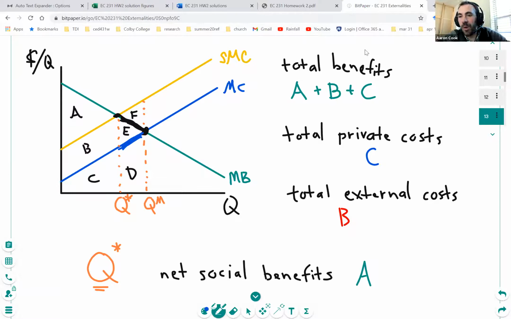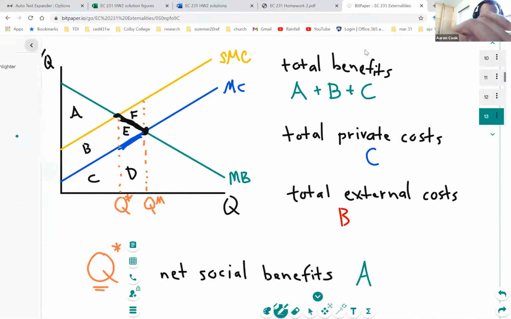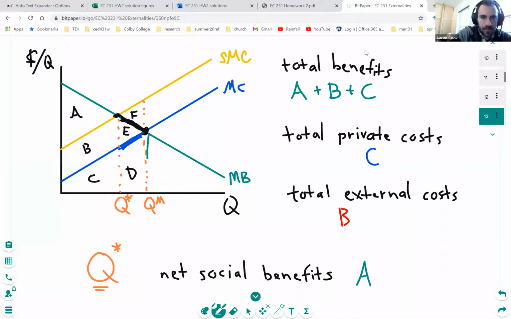Let's do our part and try to cut back. If any individual supplier decides to cut back, you start here and you might end up with an almost imperceptible shift to the left. The quantity is going to shift to the left, but it's just a hair's breadth. It's almost not going to register at all in terms of the overall production.